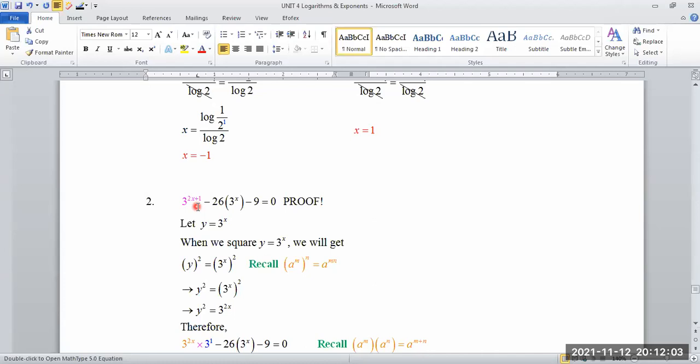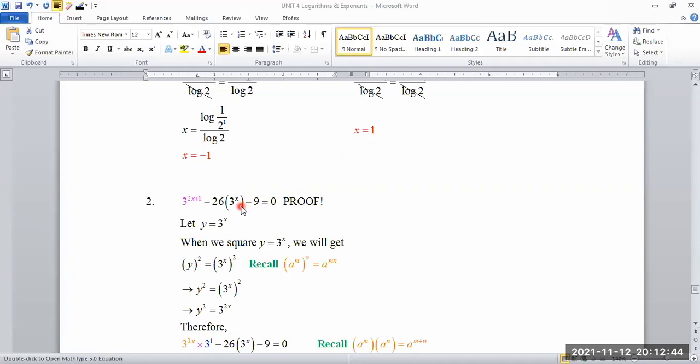You have 3 to the power x, so we set y equal to 3 to the x, as this term, the smaller of the two terms, yes.